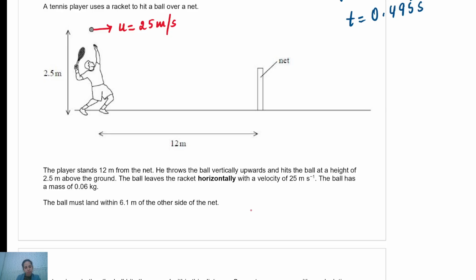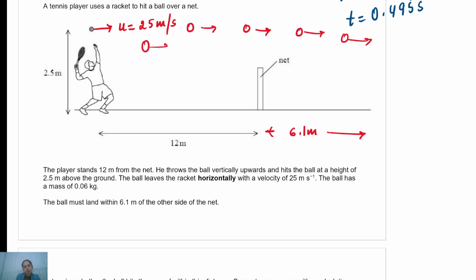So 6.1 meters. Now tell me, will this ball travel straight, or would it come down because of gravity? It would come down because of gravity, and we have to figure out how much distance it has to come down.